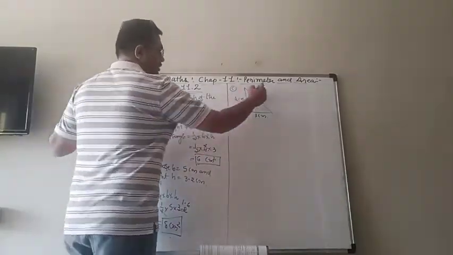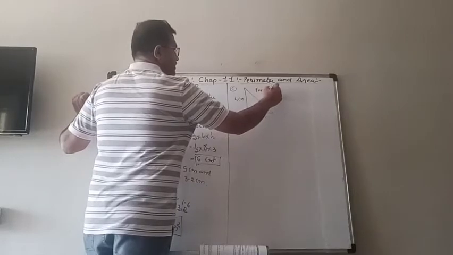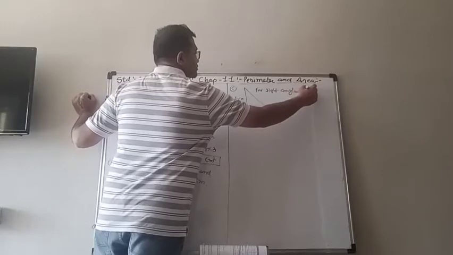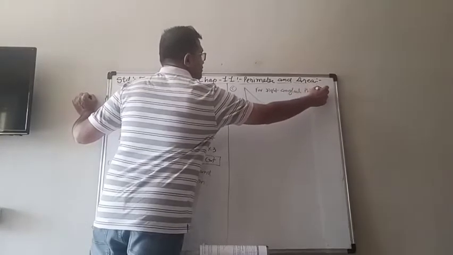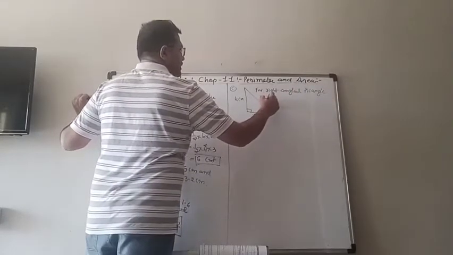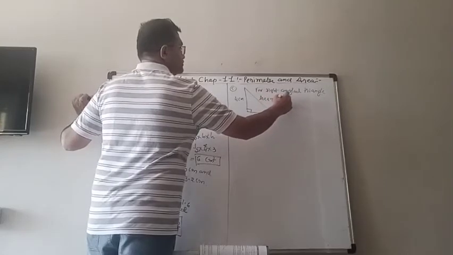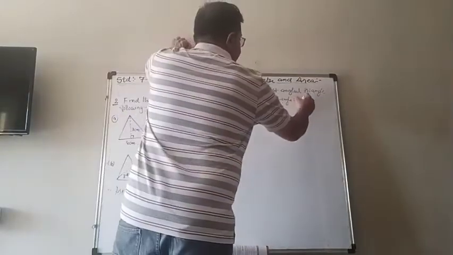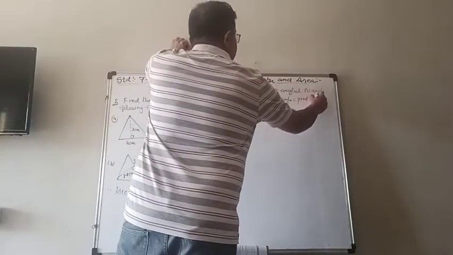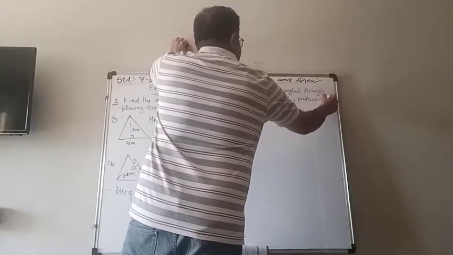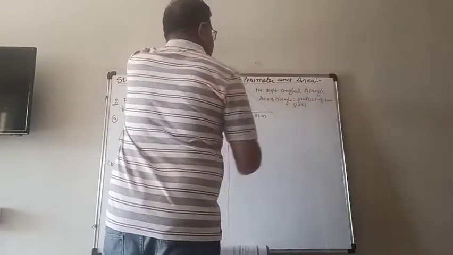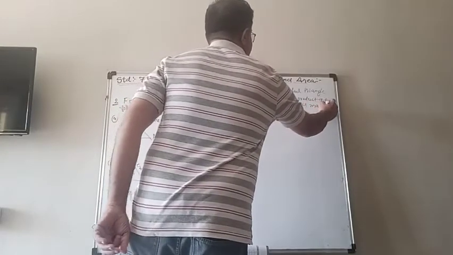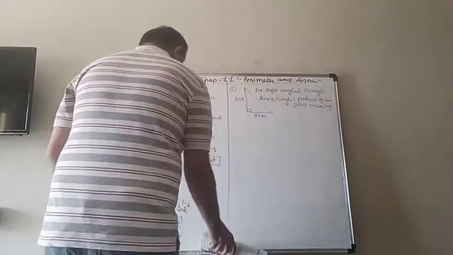So here for a right angled triangle, the area of the triangle is equal to the product of the two sides making the right angle.